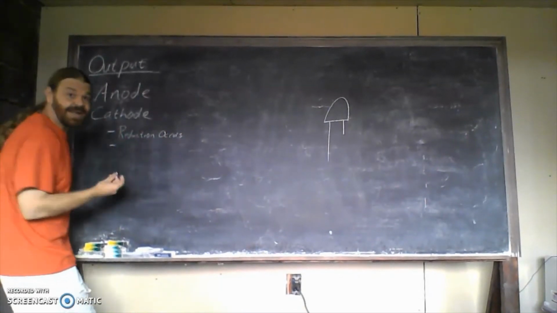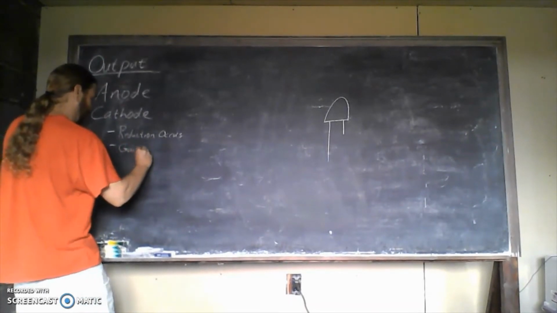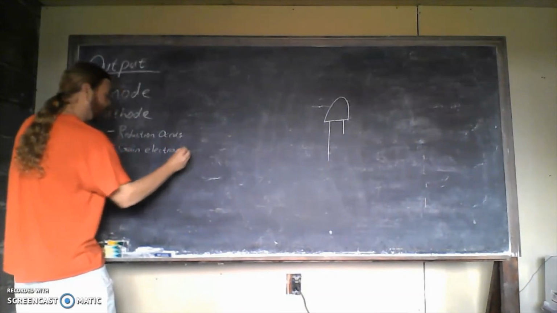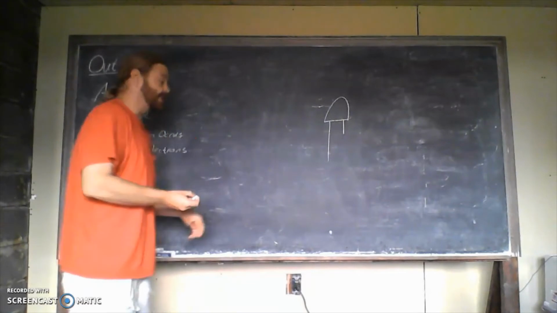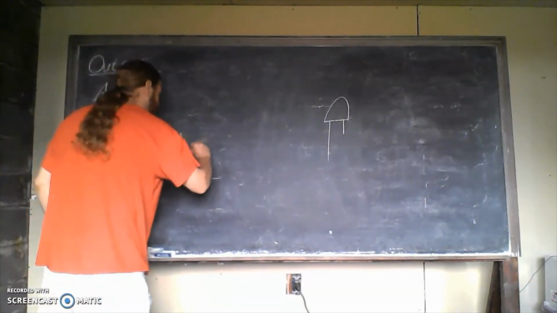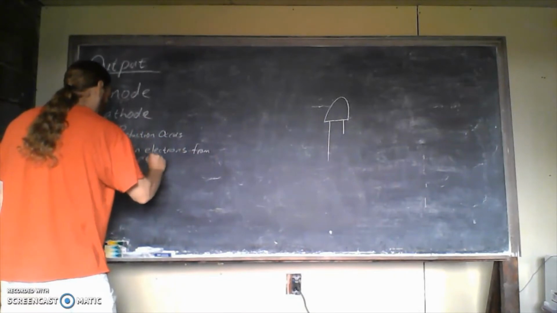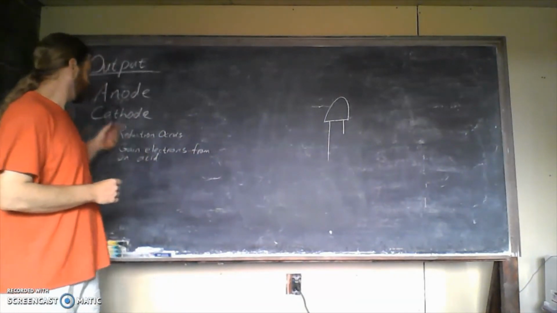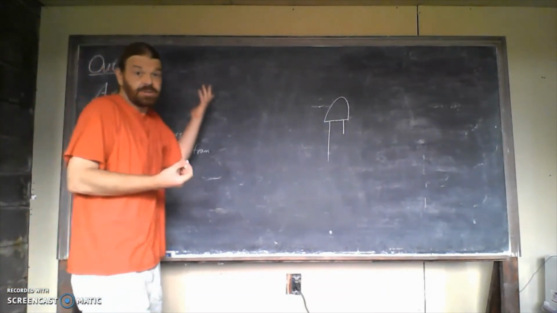That, if you have chemistry, means we gain electrons, and if we're gaining electrons, that's going to come from an acidic chemical reaction. So we gain electrons from an acid. So the cathode side is the one where we gain electrons from the acid, the anode's the other end of that.